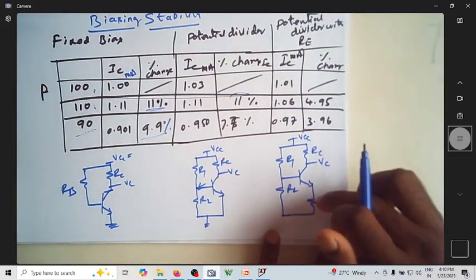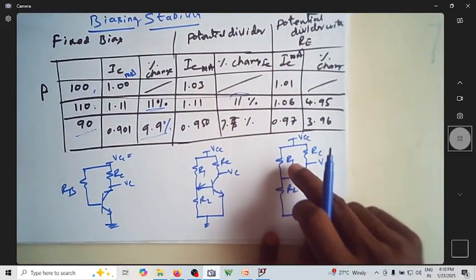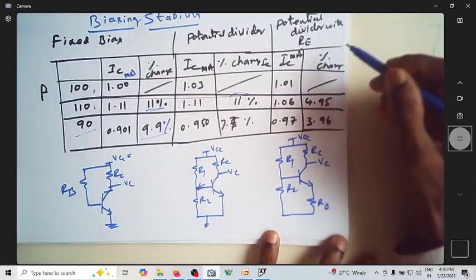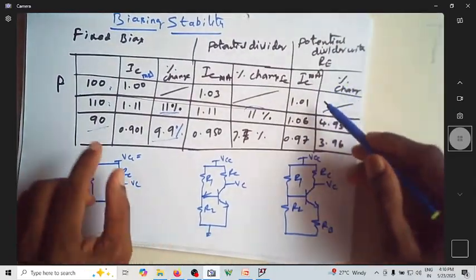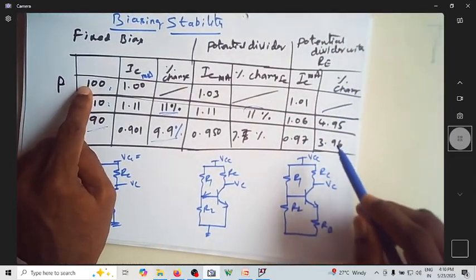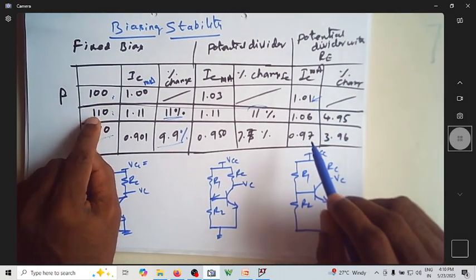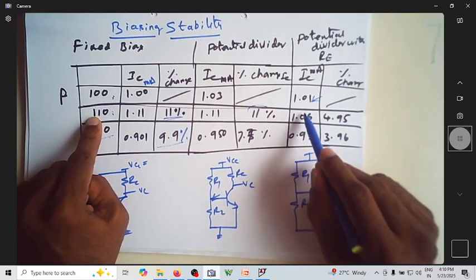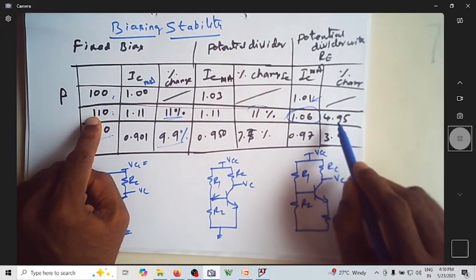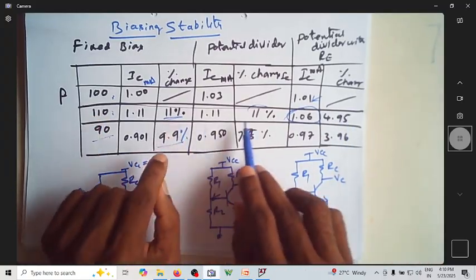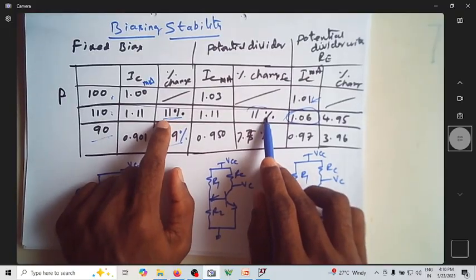Then we did the same thing for potential divider with emitter degeneration. It is very interesting to see that when beta was 100, I had IC as 1.01. When beta increased to 110, the increment of IC is hardly 4.95%. In the previous two cases, there was an 11% increment.